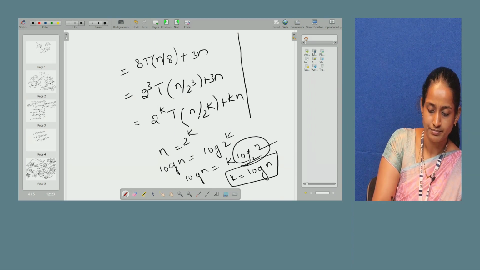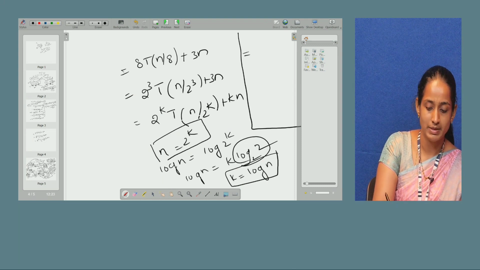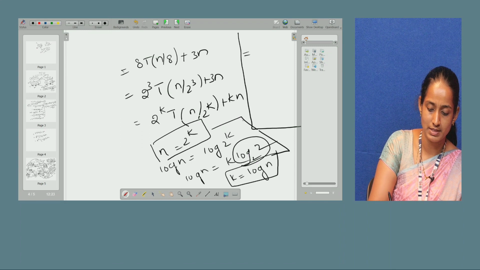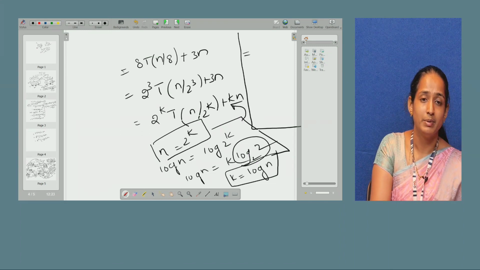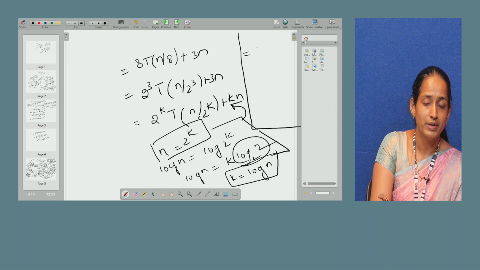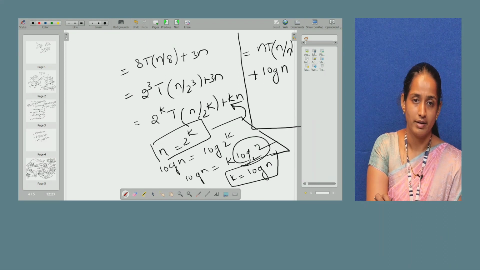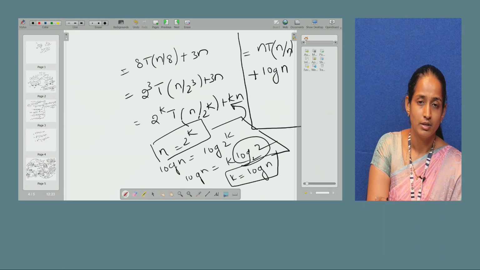So let me substitute these two values in this equation and see what the resultant value is. 2 power k means n, then T of n by 2 power k means T of 1. Plus k into n, where the k value is log n, that is n log n.